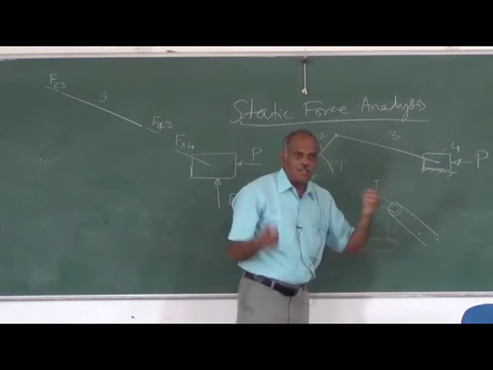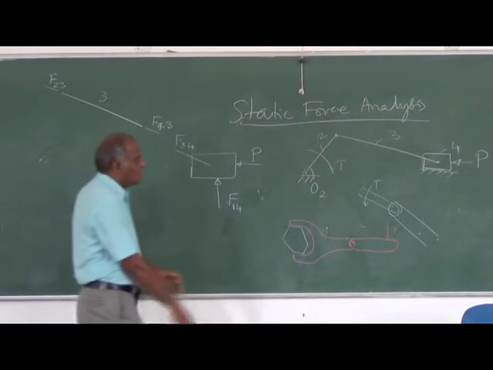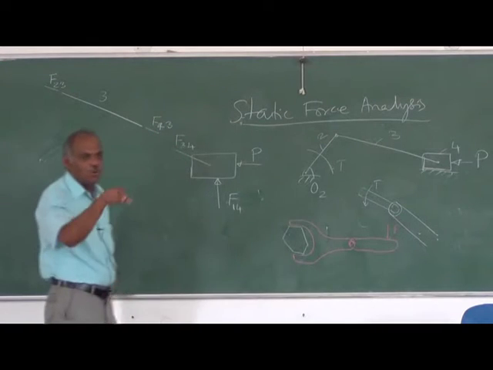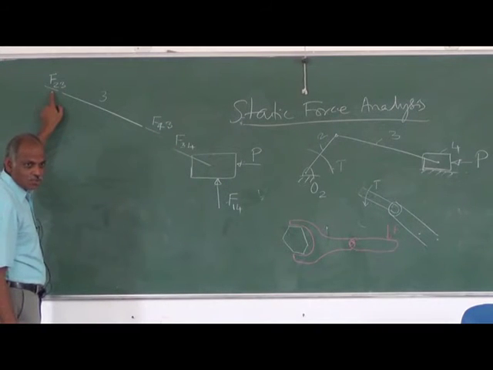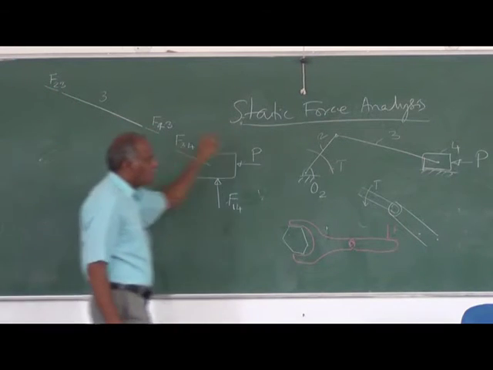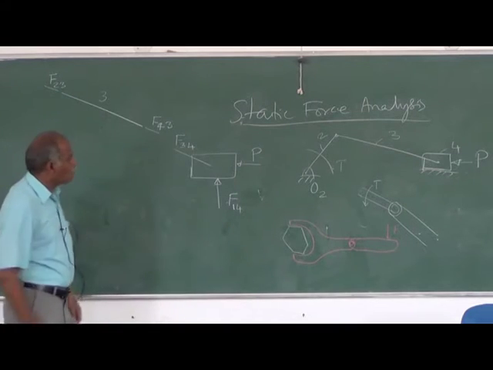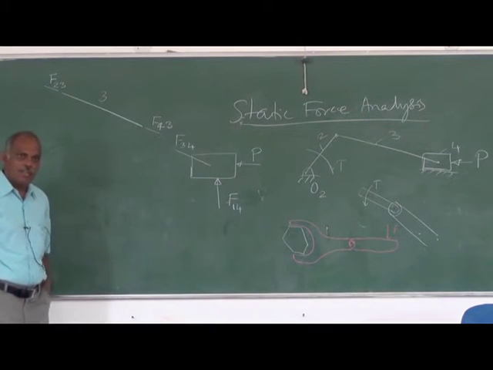Either side of the linkage 3 there is a revolute joint. So through the revolute joint, that is the interaction between 2 and 3, there can be only forces transmitted. So that is why I say there is a force. The interaction between 3 and 4 is again through the revolute joint. That's why I say there can be only forces acting on linkage 3.